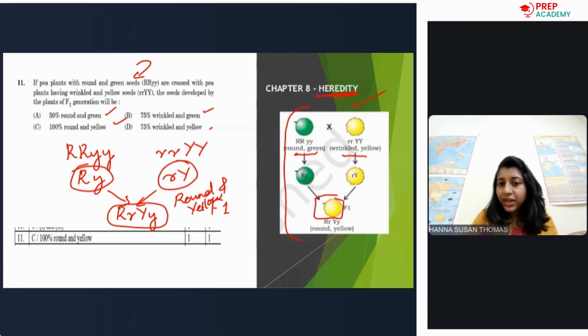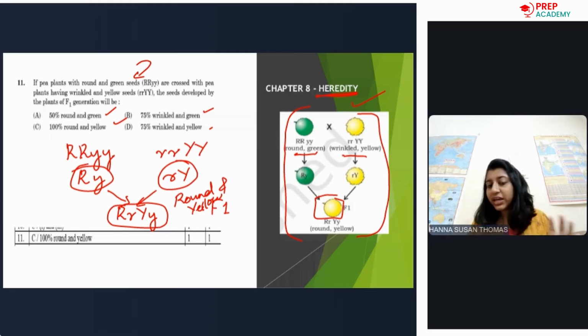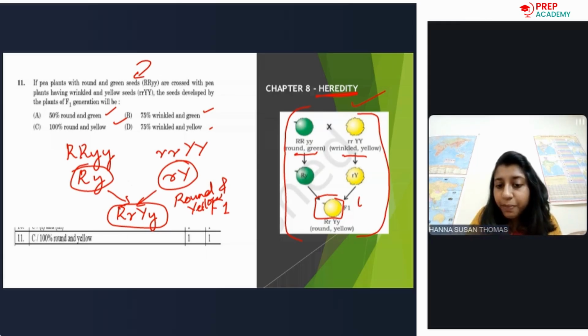By drawing this, we understand that in the F1 generation, if we cross a round green pea plant with a wrinkled yellow pea plant, you will get 100 percent round yellow.